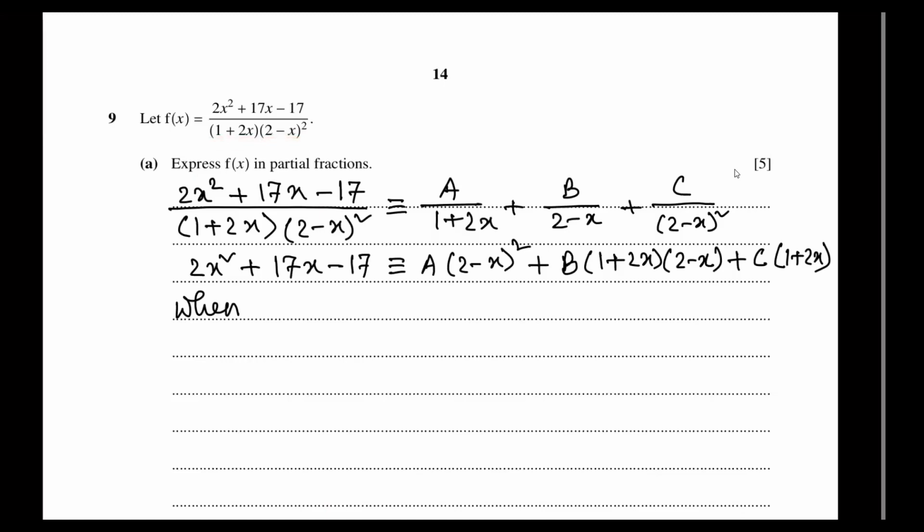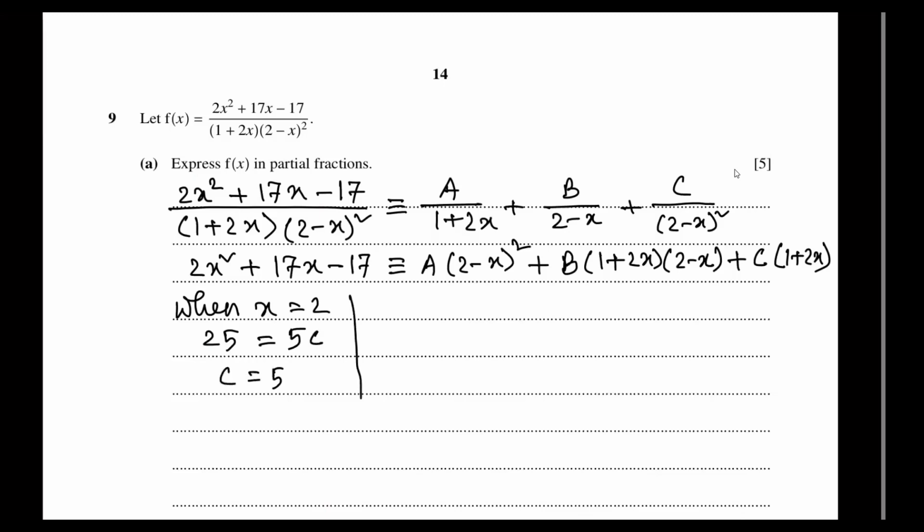So these are the shortcut values to find the constants. So let's first use x equal to 2. If you use x equal to 2, the left hand side becomes 8 plus 17 into 2 minus 17, that's 25. On the right hand side, we have A times 0, B times 0, C times 5. So 5C, C is 5.